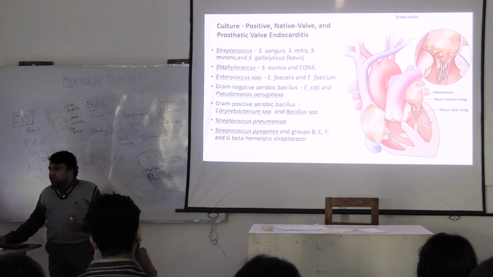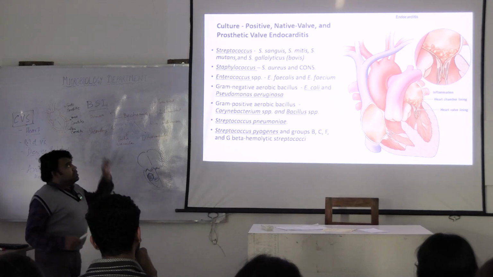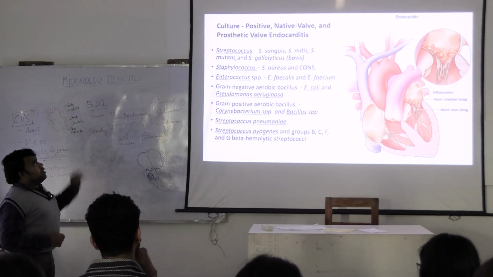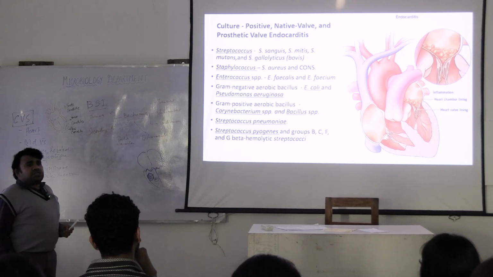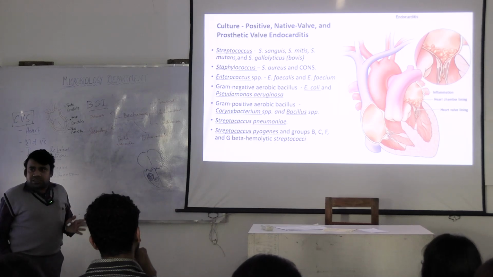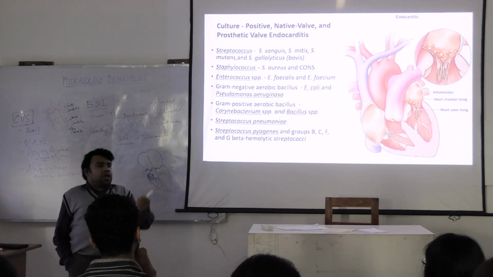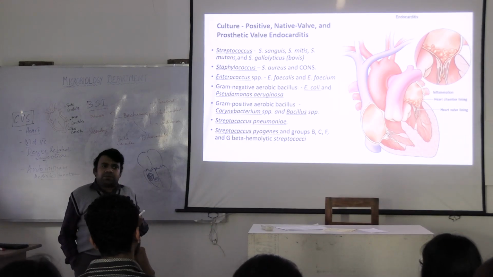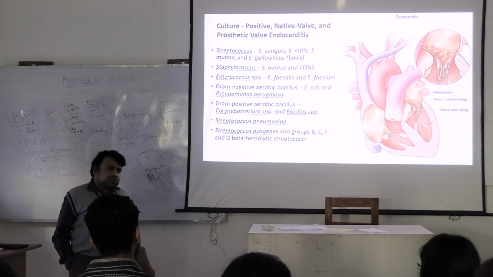Okay, now coming to the causative organisms, this differentiation is important. উপরে হেডিংটা দেখো, look at the heading up top. The first is called culture positive. Now what do you mean by culture? Suppose there is a patient with infective endocarditis and we have taken a blood sample from that patient and put that blood sample for culture.